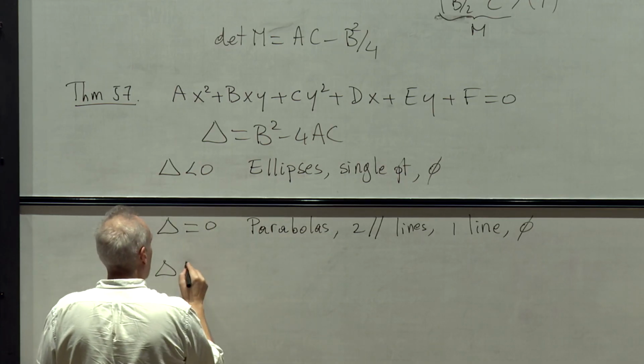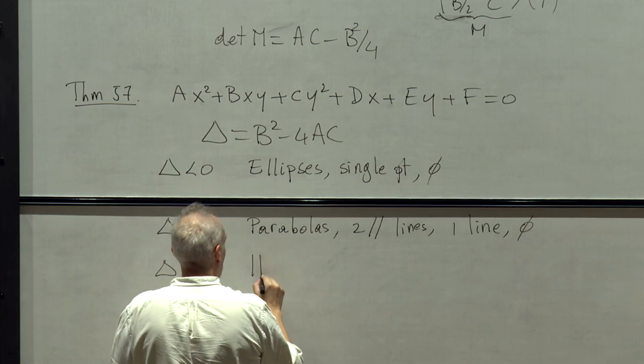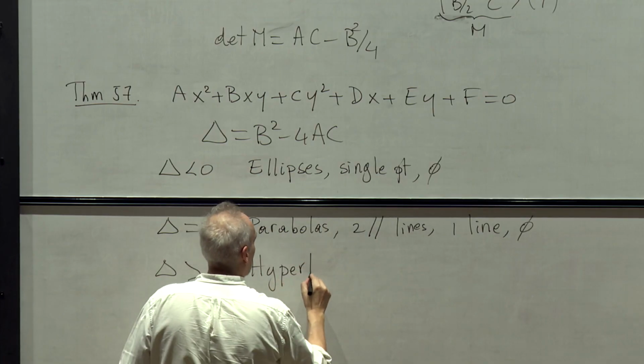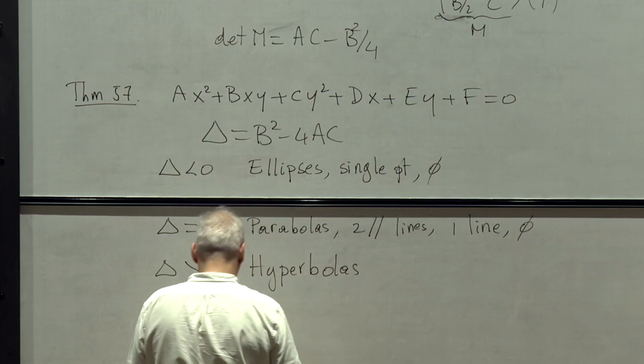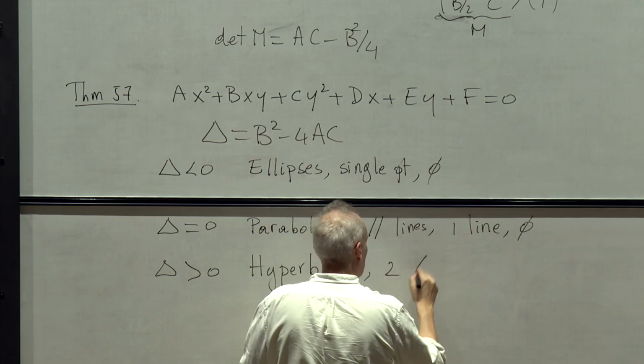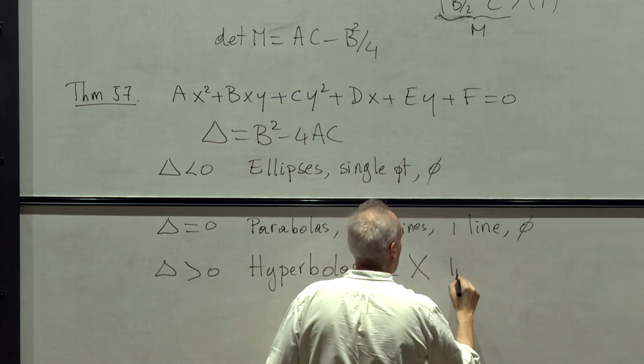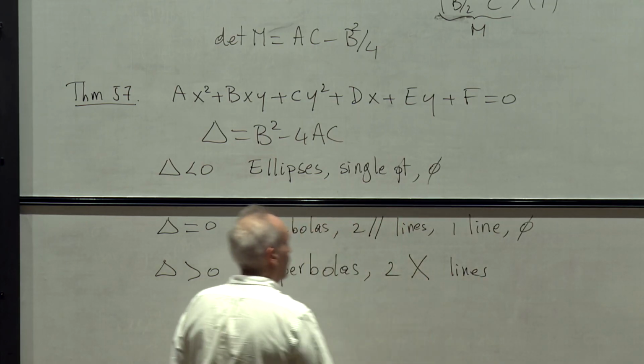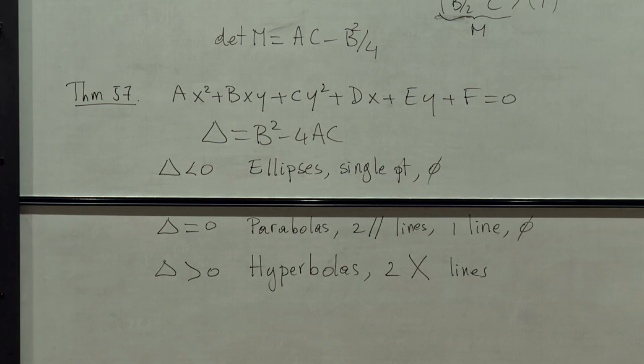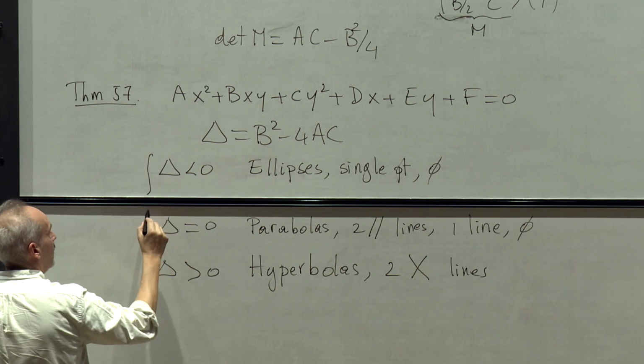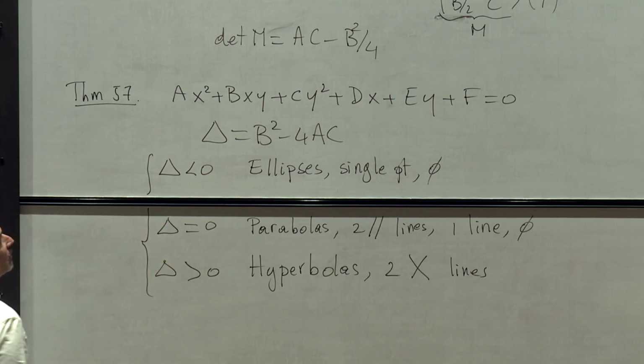And if delta is bigger than 0, then we have hyperbolas and two lines that cross, non-parallel lines. And that's the general classification of the quadratic function, quadratic in two variables.